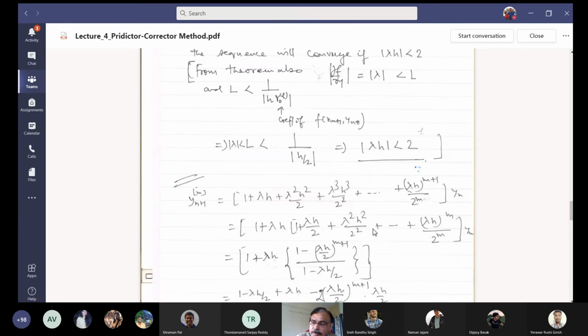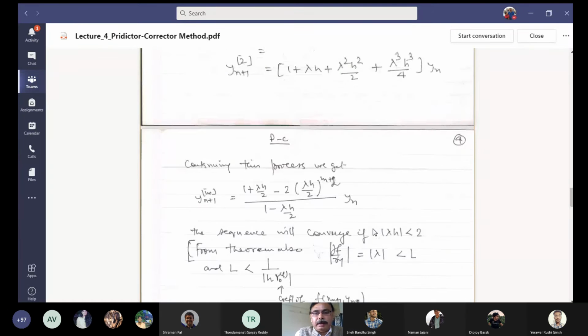If the magnitude of this ratio is strictly less than 1, then the series is convergent. Yes, sir. Okay. So keep this in mind. This is the condition you are getting so that your process will converge. The sequence which you are getting will converge. Is that right? Yes, sir. Okay. So now I will go back.